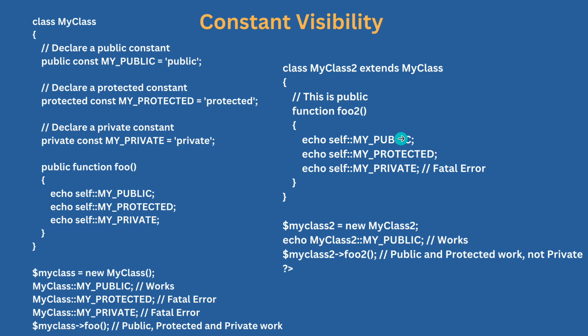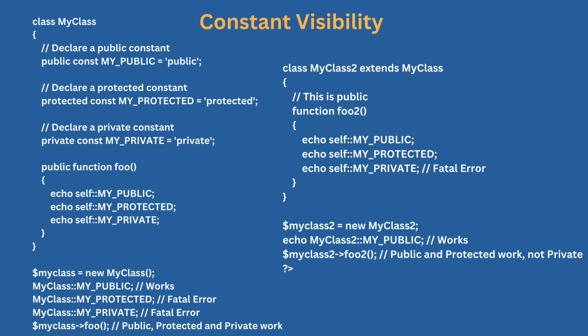It will work. Self my protected will work or not? It will work, sir. Why am I getting an error here? Because it's private. Private is not allowed to extend in the child class, so this will throw an error, right?